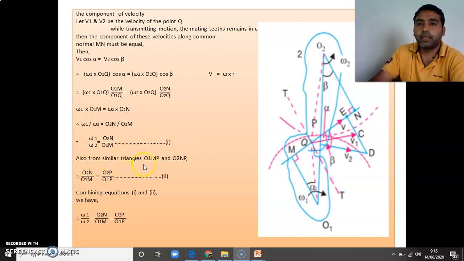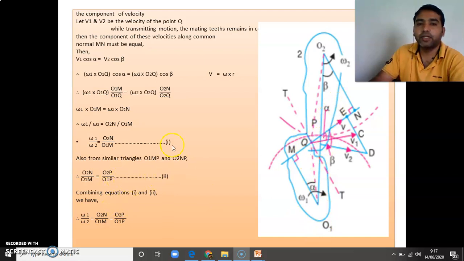Also, from the similar triangles O1MP and O2NP, we get O2N upon O1M is also equal to O2P upon O1P, because both triangles are similar.